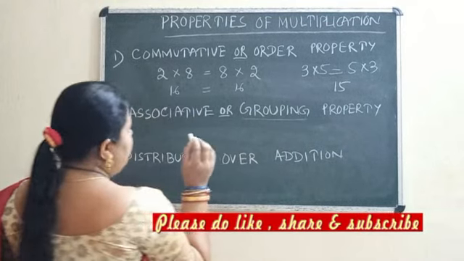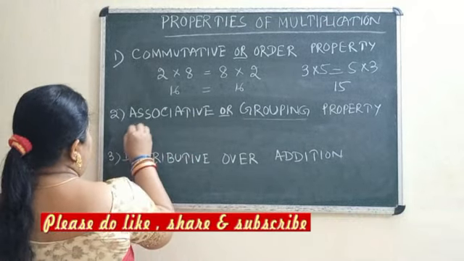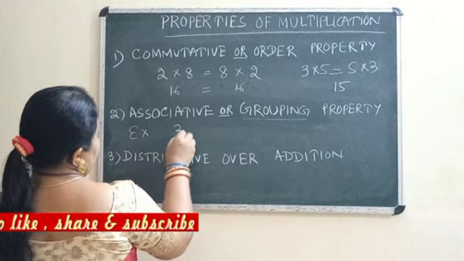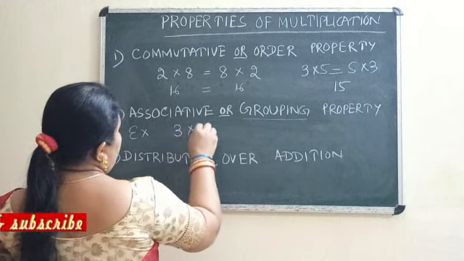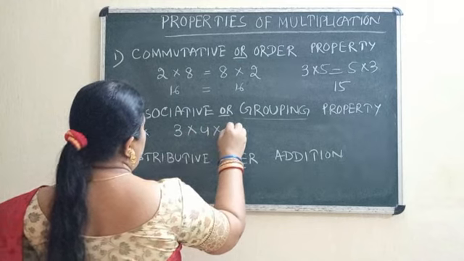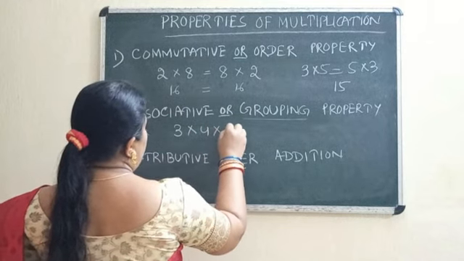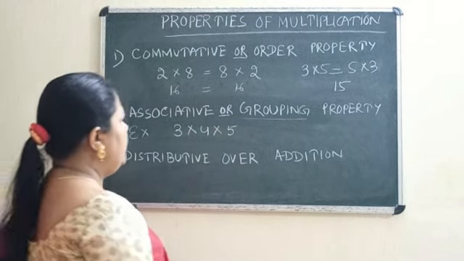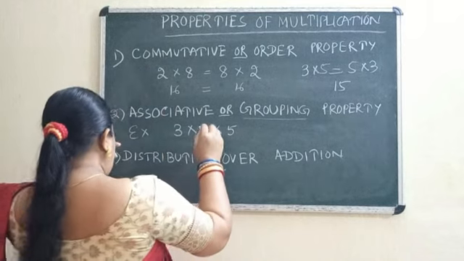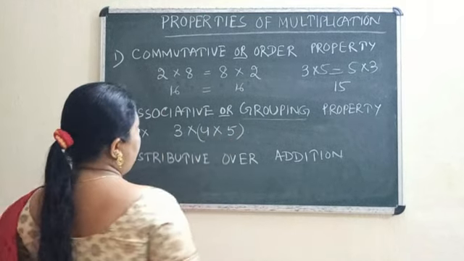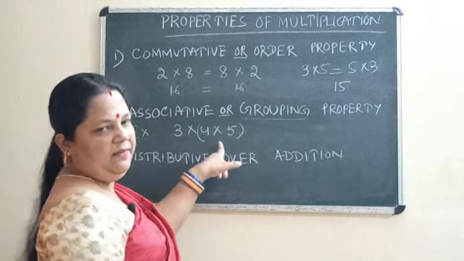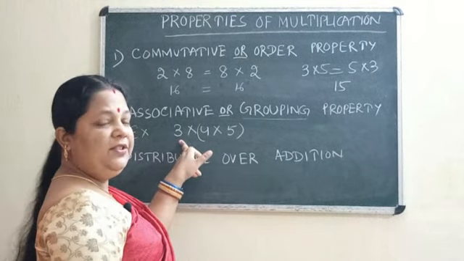From this word I think you can recognize what we mean by grouping. Let's take an example. 3 into 4 into 5. Clear? I have made one group between 4 and 5. I have separated 3.